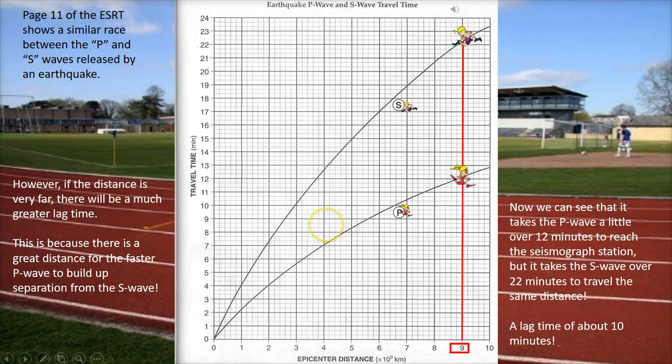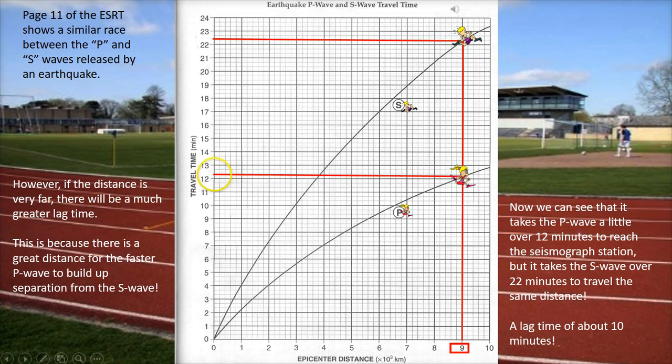Now we can see that it takes the P wave a little over 12 minutes to go this 9,000 kilometers, and that's going to be here. How many seconds is that going to be? If we have a minute divided up amongst 3 boxes, we have 60 seconds divided by 3, which gives us 20 seconds per box or tick mark.